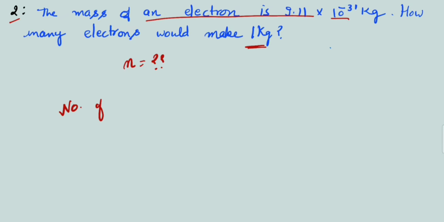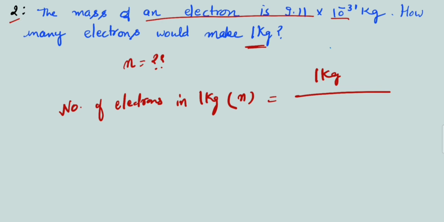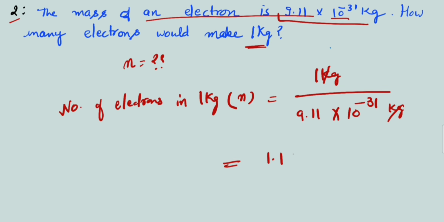Let n be the number of electrons, which is equal to 1 kilogram divided by the mass of 1 electron, which is 9.11 into 10 raised to power minus 31 kg. So the kg will get cancelled. If we divide these two, we will get 1.1 into 10 raised to power 30. So the number of electrons in 1 kg is equal to 1.1 into 10 raised to power 30. So this is my answer.